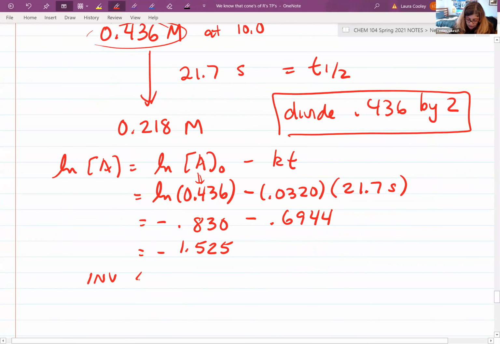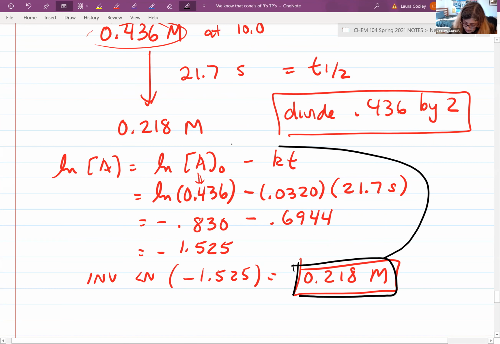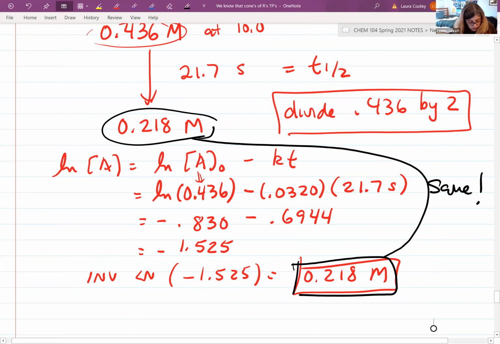Take the inverse ln. And it's a miracle. You got the same answer. Okay. So this definitely works. All right. So it's different ways of doing these different problems.